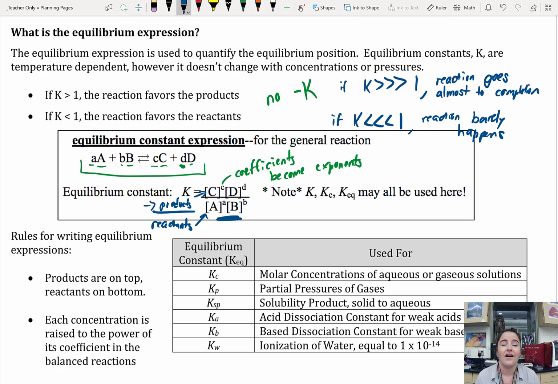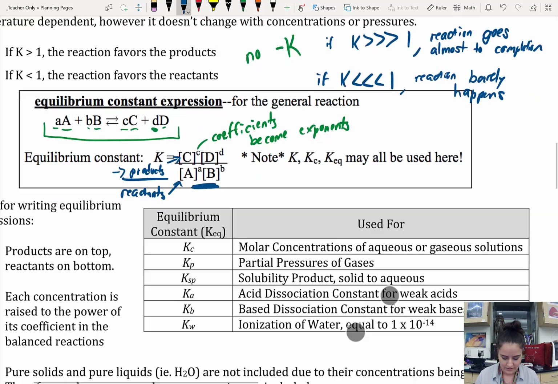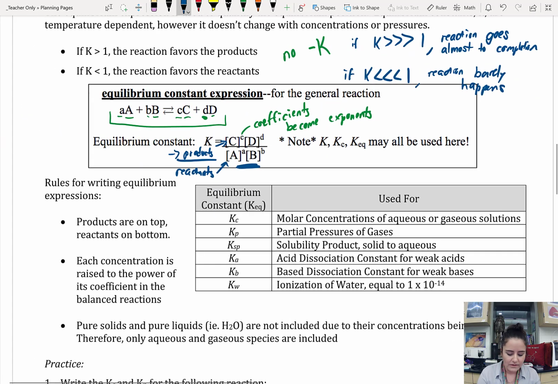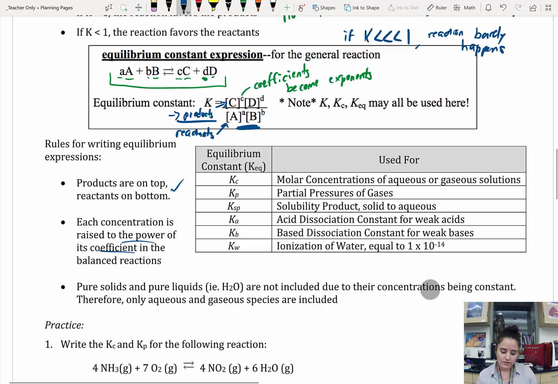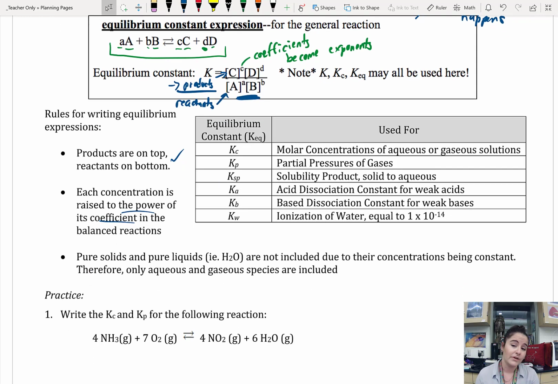Now, there are a ton of different notations for the equilibrium expressions. They always follow the same formula of products on top, reactants on bottom, raised to the power of their coefficient. Also, an important thing to note, pure solids and liquids are not included because their concentrations wouldn't really make sense. How do you say the concentration of water in my cup of water here?